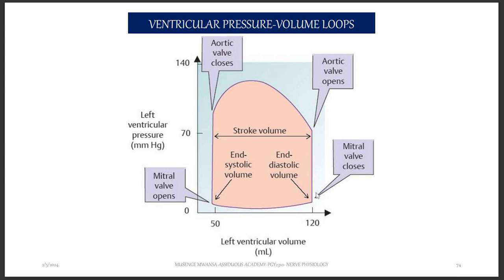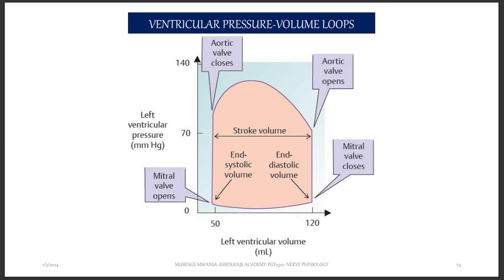And then what happens is that the mitral valve closes, meaning that blood can no longer enter the ventricles. Now, the mitral valve has closed, but the aortic valve is also closed. That valve that should allow blood to move out of the ventricles to the aorta is also closed.